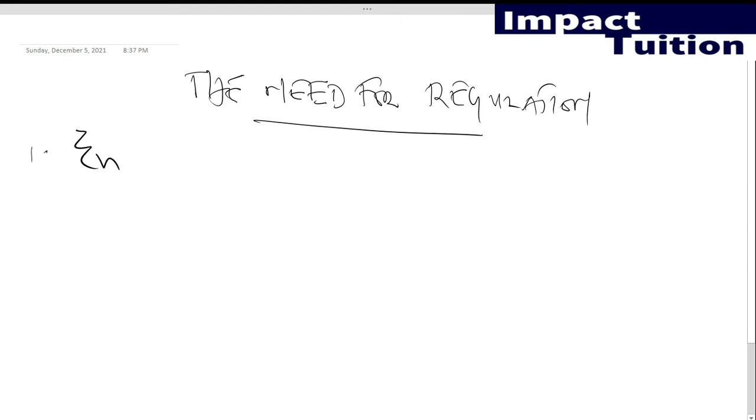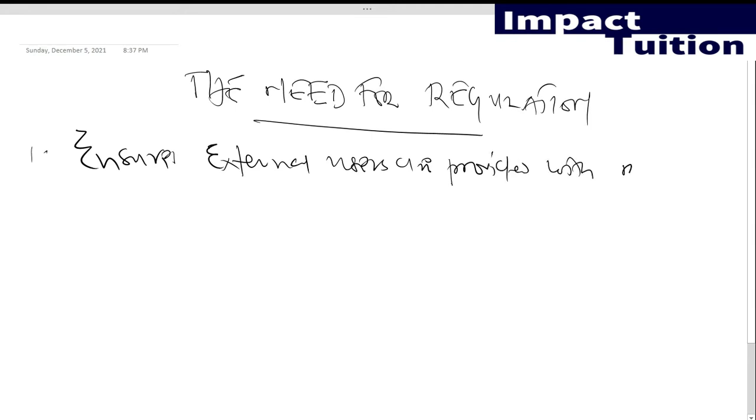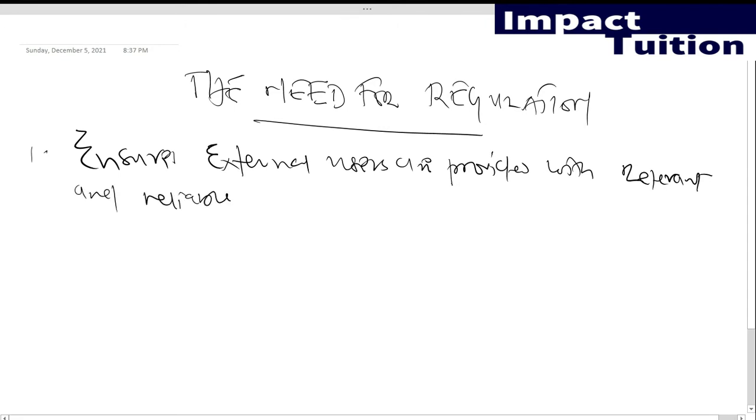So our first point is ensures external users are provided with relevant and reliable information that is useful for decision making.